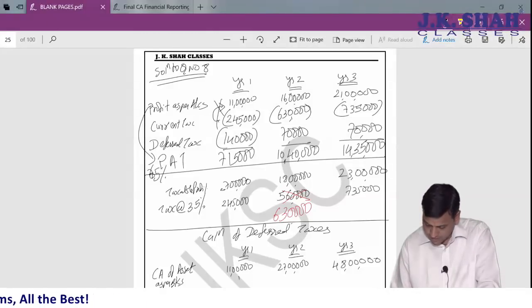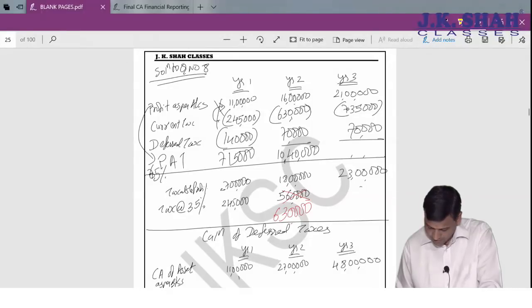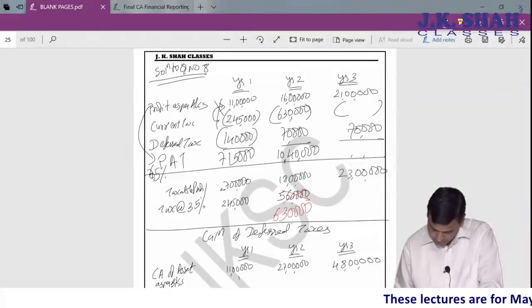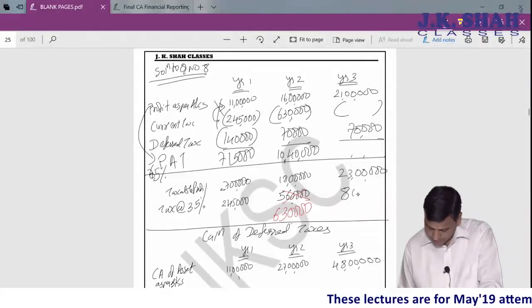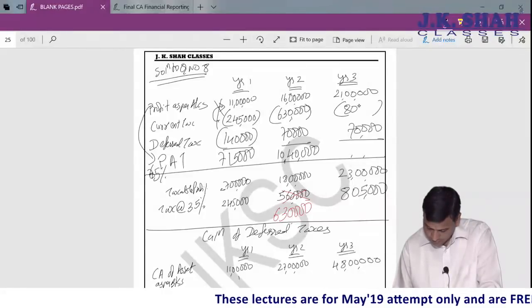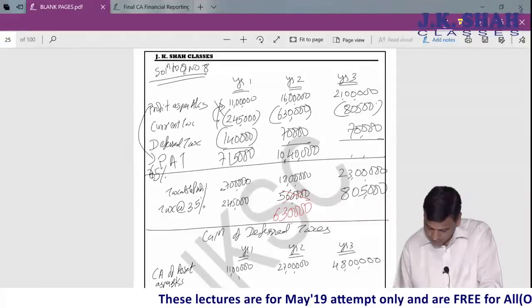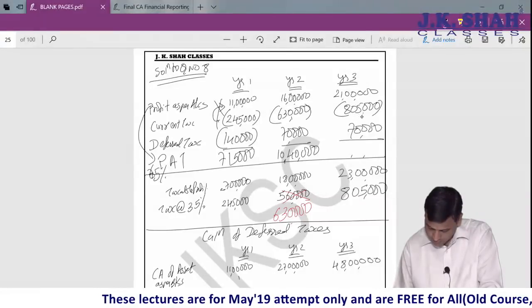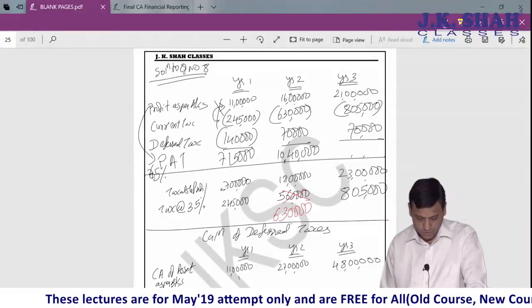थर्ड ईयर में क्या लोचा है? अच्छा, ये 735 नहीं है. Please kindly rectify the error. 80. So how much?